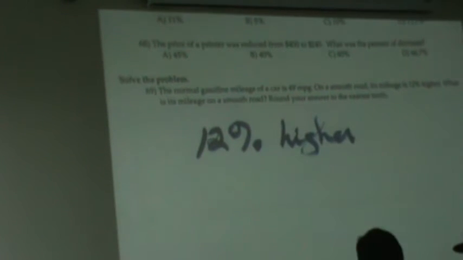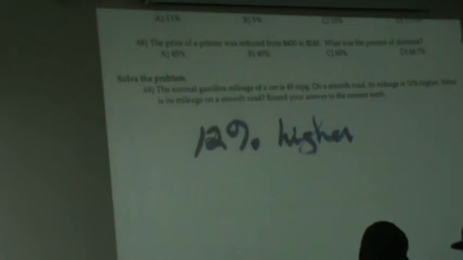X over 49. Okay, it's 12% higher than 49. Let's think about that. 12% higher means if you find 12% of it, you're going to add 12% to the 49, right?